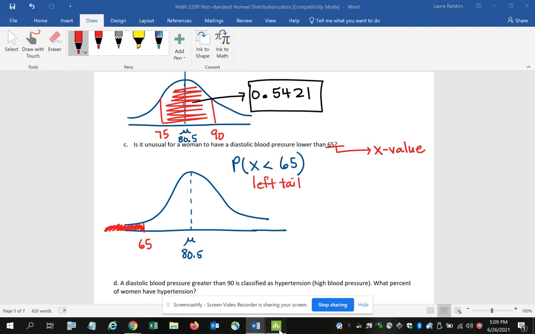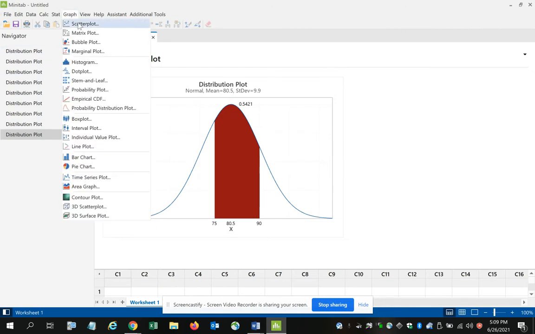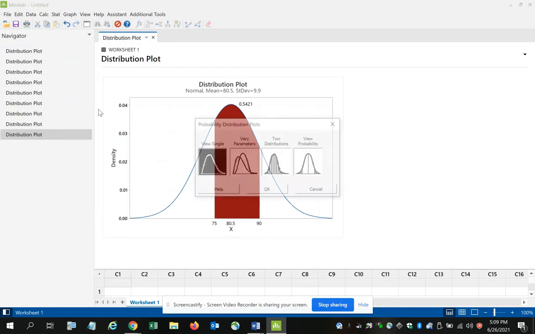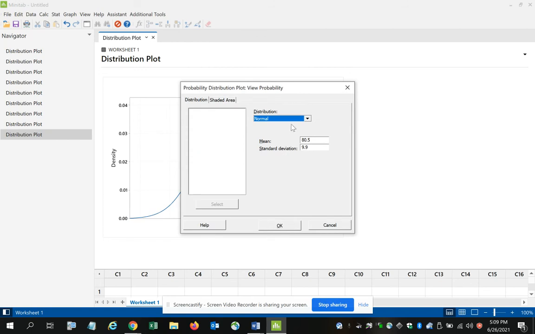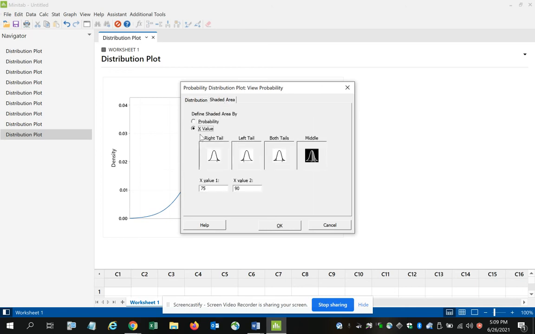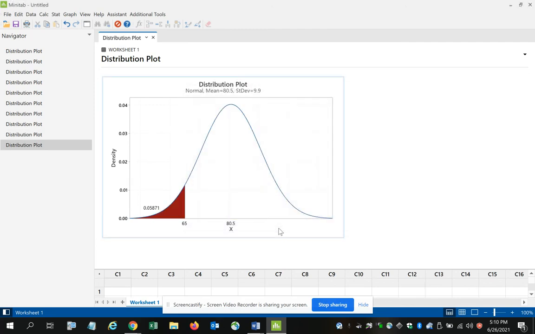Back to Minitab we go. Graph, probability distribution plot, arrow to view probability. It is a normal distribution with a mean of 80.5, standard deviation of 9.9. My shaded area is defined by the x value. I'm going to be in the left tail, and I'm interested in the value of 65.